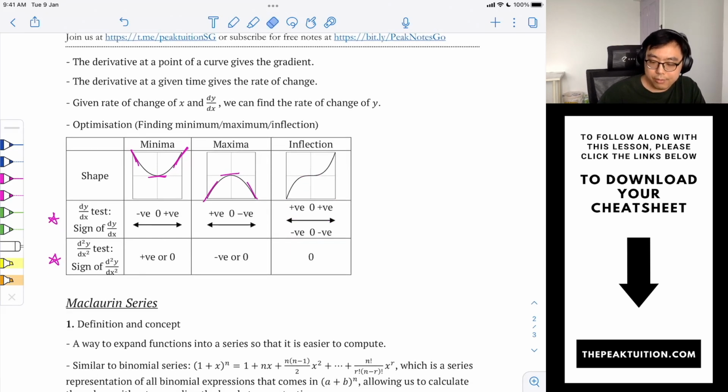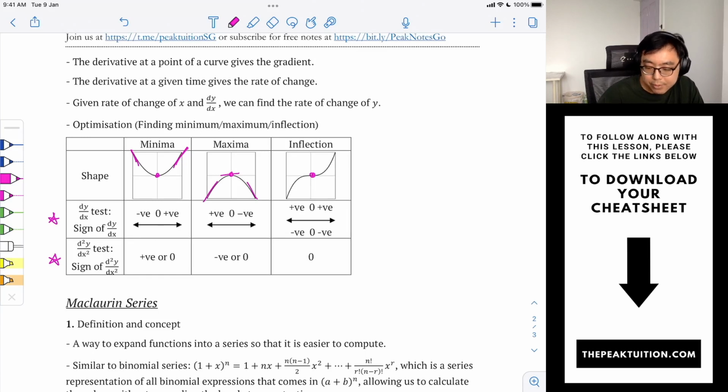In the case of the first derivative test, it will be very clear whether it is a minimum, maximum, or inflection point. How do you do the test? First you equate the derivative to 0, and you locate the points of interest, this point, this point, this point, and this point. And then you add a small amount to it and substitute the x into the derivative.